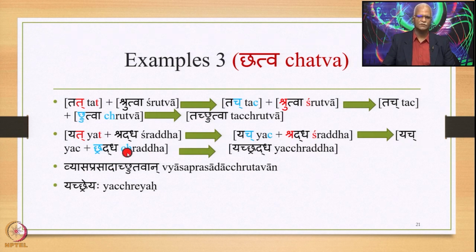This is the output that is generated. And similarly, Vyasa Prasadat Shrutavan and Yach chreyasya nishchitam bruhi tanme, etc. There are several examples of this kind of sandhi, that is Chattva Sandhi.